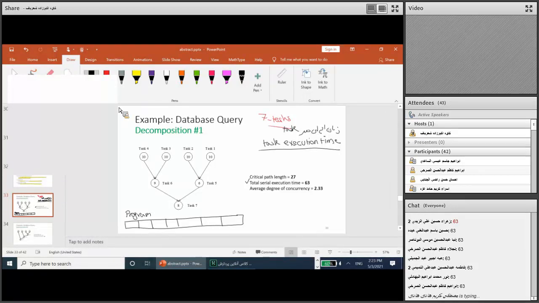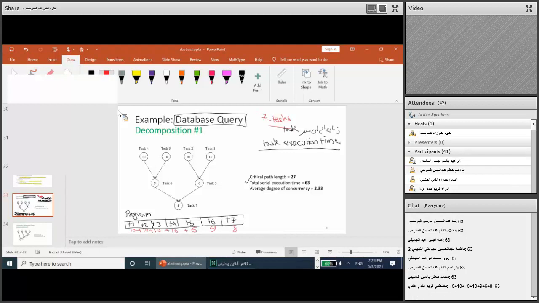Why 63? Because all 7 tasks, task 1 through task 7, should be executed to perform the complete query, and in a serial execution they must run one after another. 10, 10, 10, 6, 9, 8 added together equals 63. Great, Mustafa.